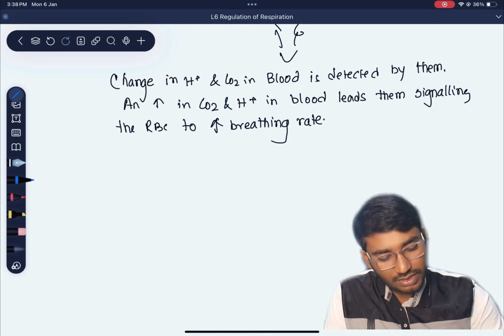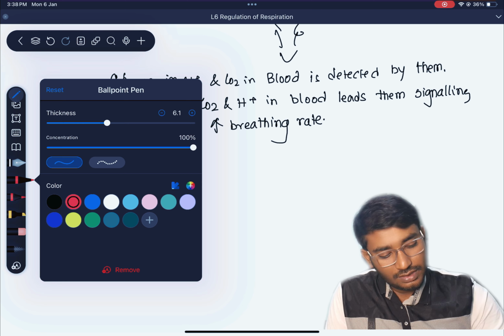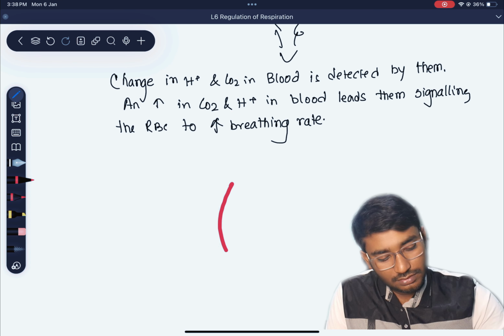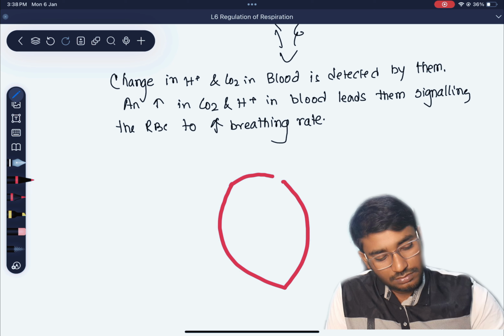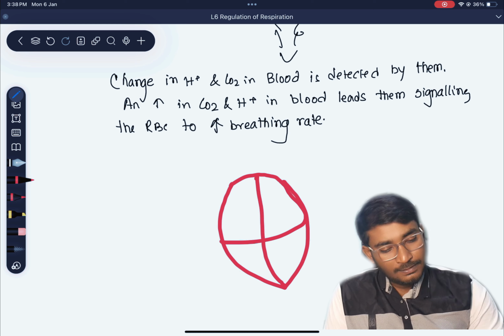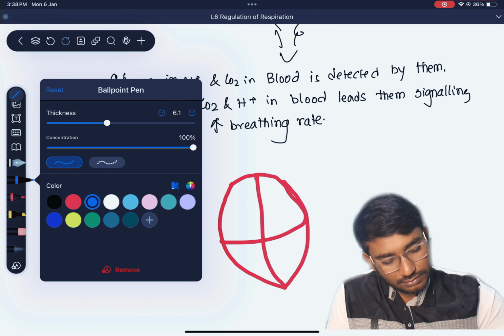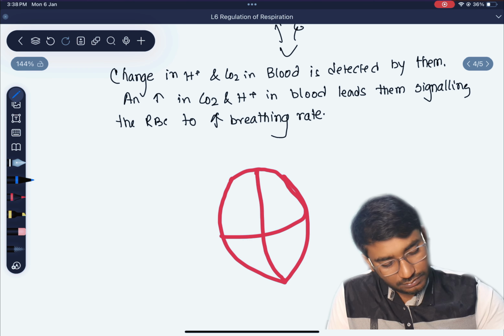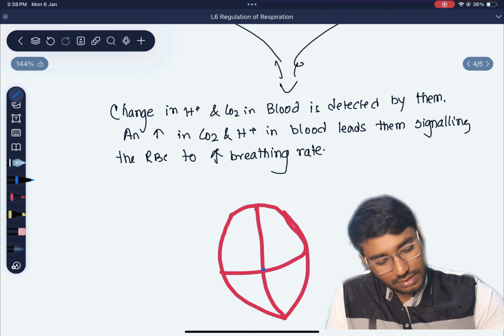So if it is your heart, let it be your heart. In your heart, this is your aorta.